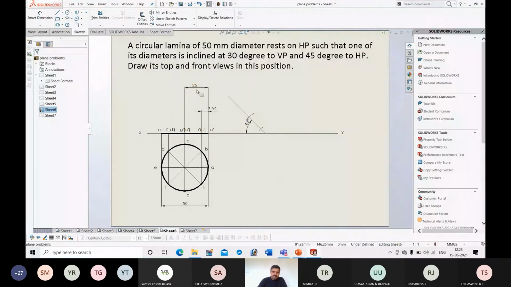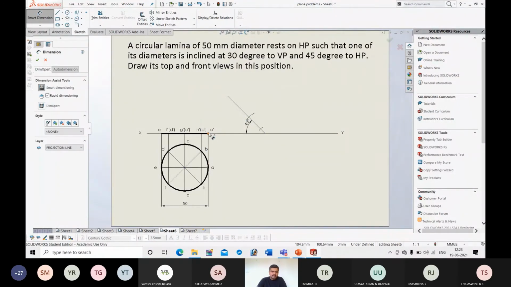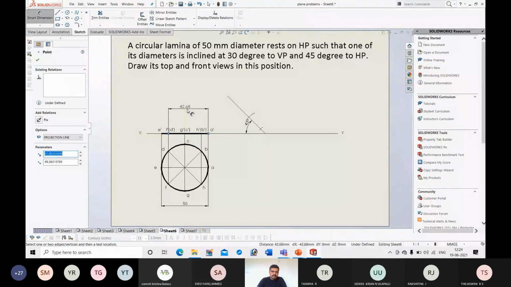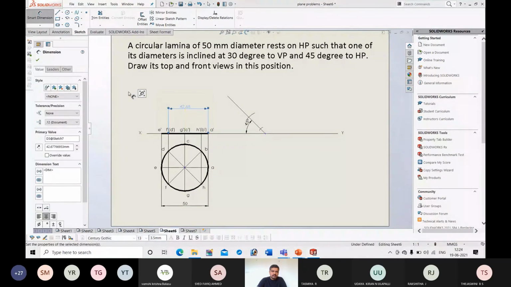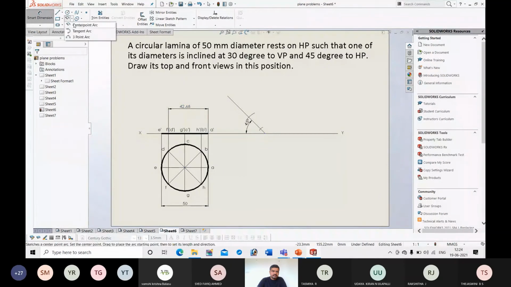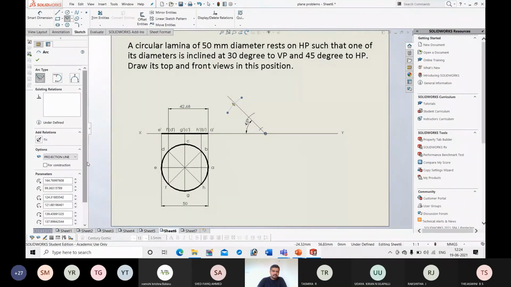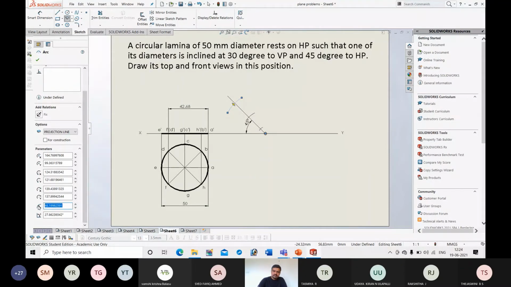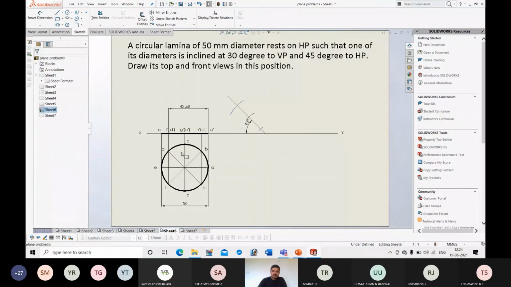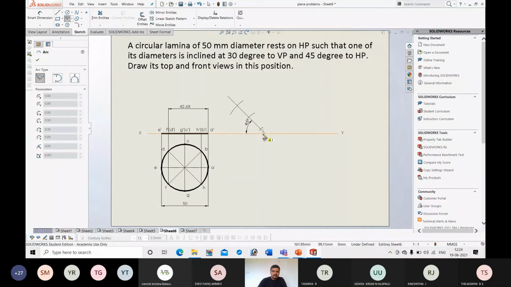Next, I will measure the distance between A and this point. So it is 42.68. Next, from A to E, it is 50. So A to E.